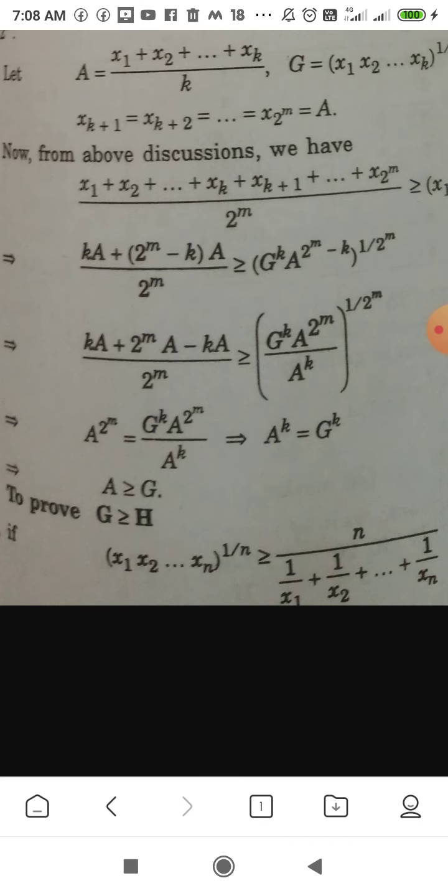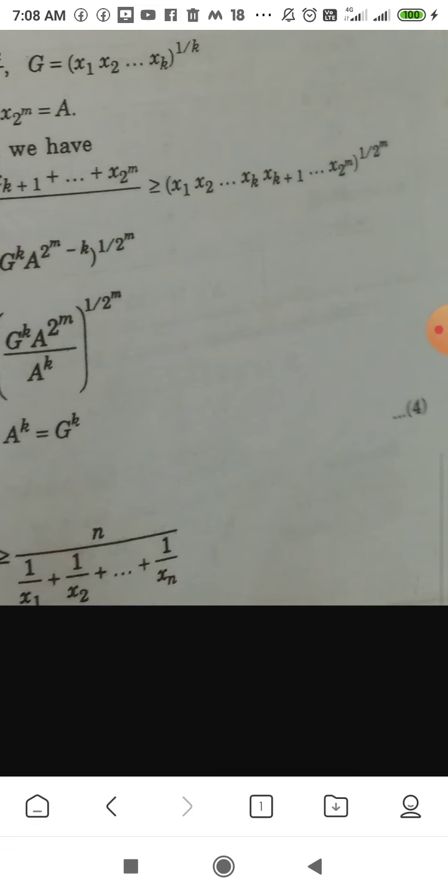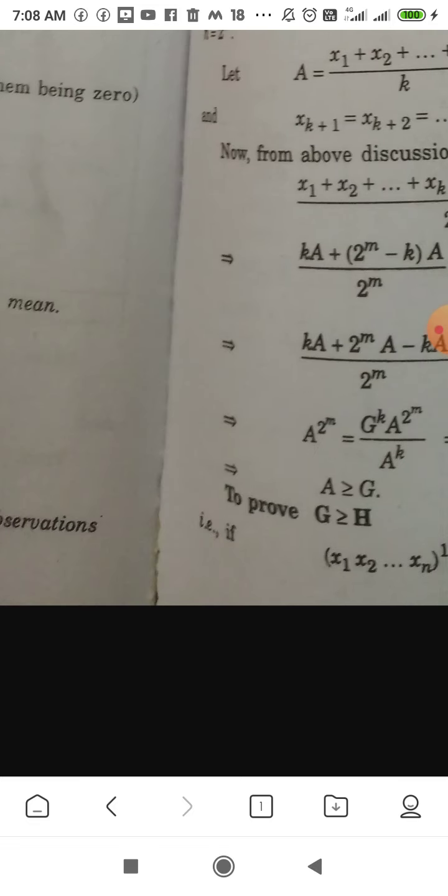Next, G greater than or equal to H. In order to prove this, we take the geometric mean, which is greater than or equal to the harmonic mean, and prove this. So it is very clear that the arithmetic mean is always greater than the geometric mean, and the geometric mean is always greater than the harmonic mean.